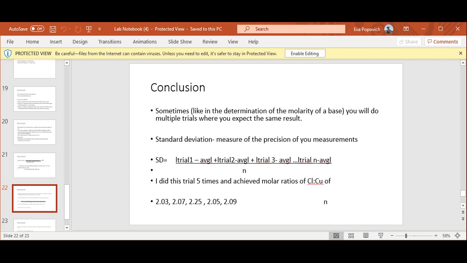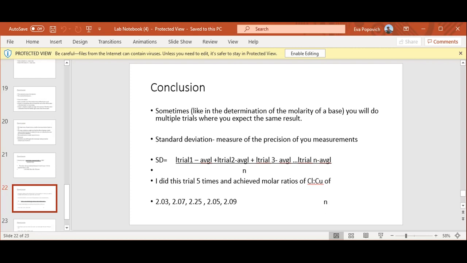What you're going to do is take all your trial values, add up all of them, and get the average of them. Then you're going to take your trial 1 value, subtract the average from it, and take the absolute value of that number. In other words, whatever the number is, whether it's positive or negative, you always make it positive.